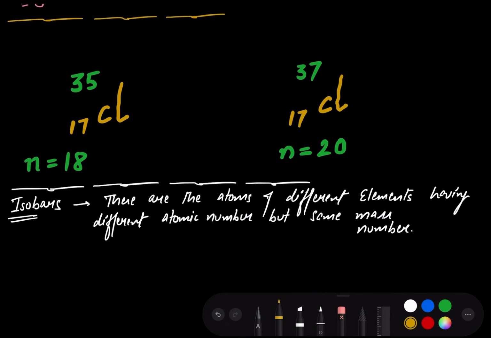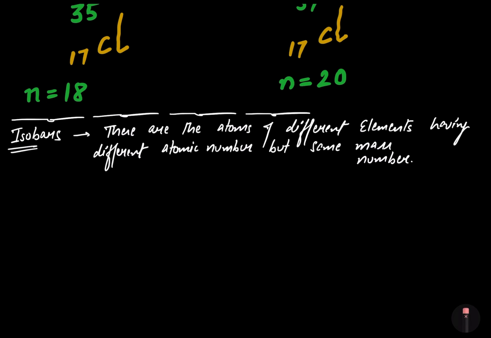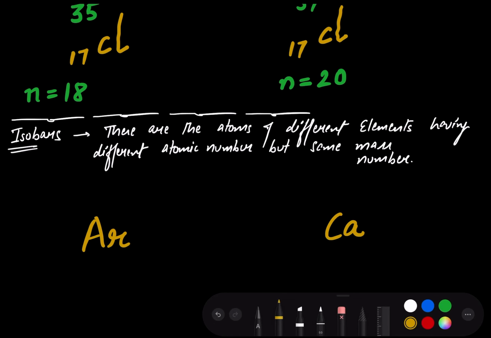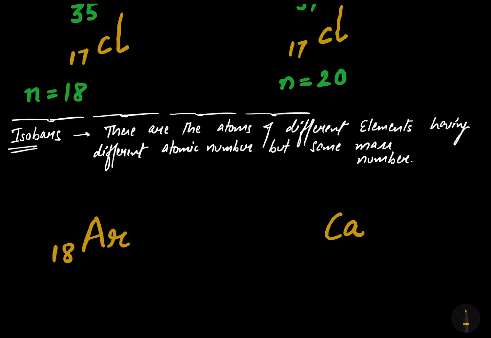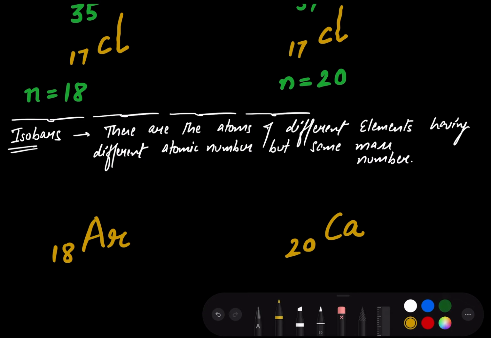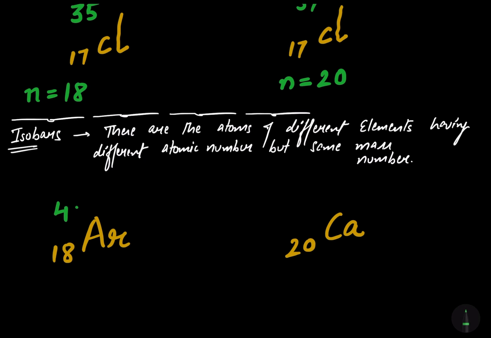Here I am taking an example of two elements, argon and calcium. What's the atomic number of argon? It's 18. What's the atomic number of calcium? It's 20. What's the mass number of argon? It's 40.